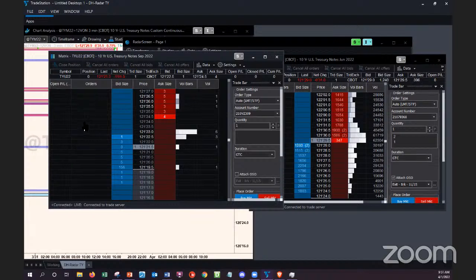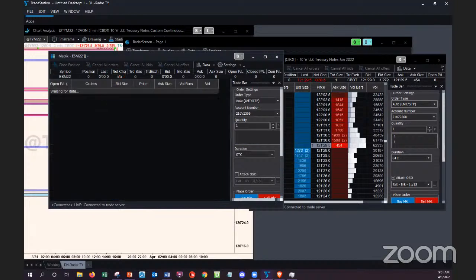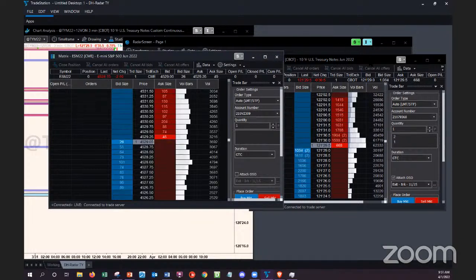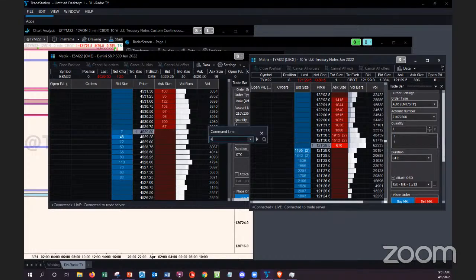Okay. So let's look at ES, ESM22, which is our current, and then ESU22.